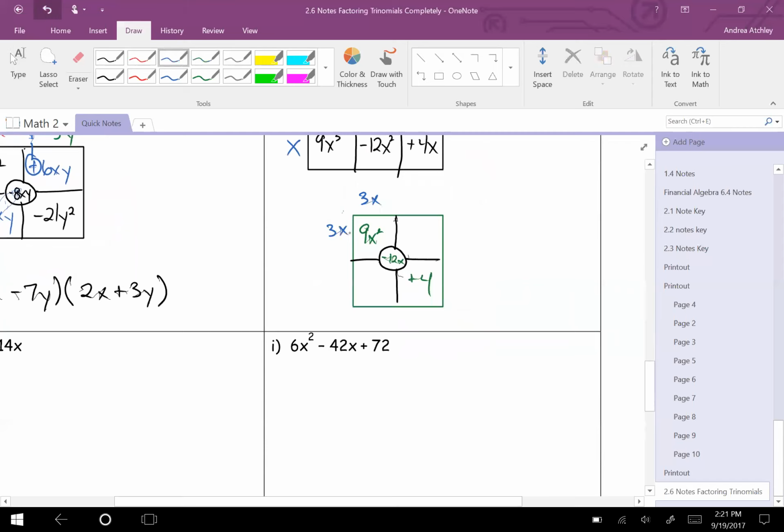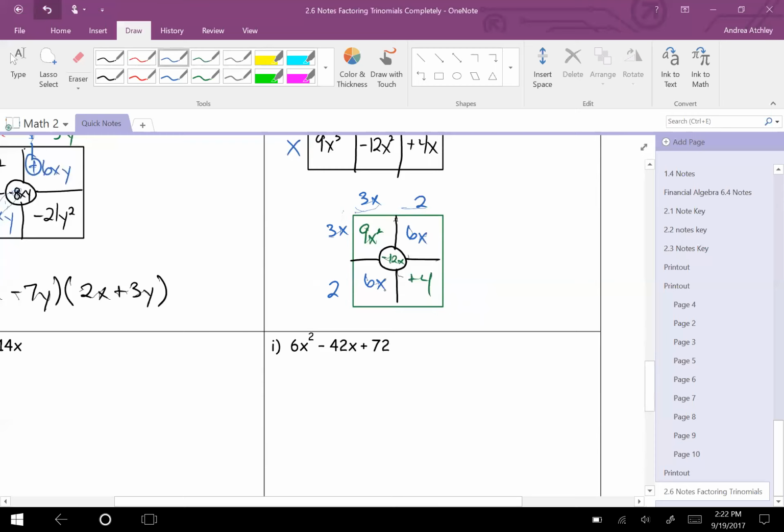Good. Tori, what multiplies to 4? 2 and 2. Then we're going to check. 3x times 2 is 6x. And then this 3 times this 2 is 6x.